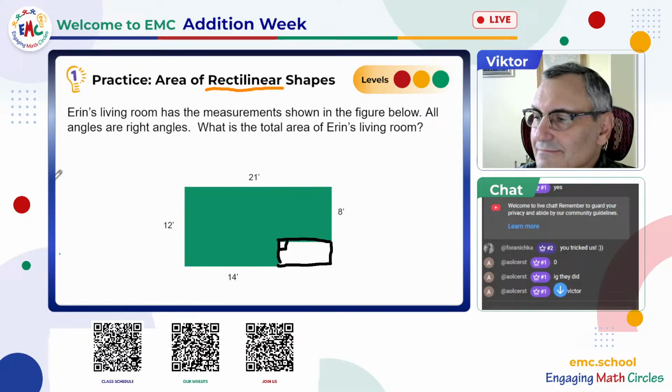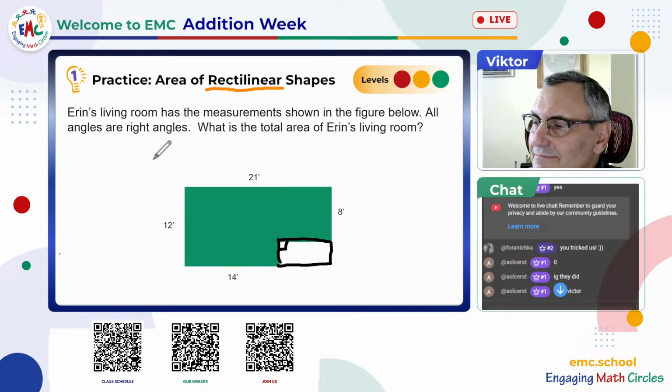Okay, but how are we going to find the area? How do I find the area of a rectangle? Anyone know how to find the area of a regular rectangle?